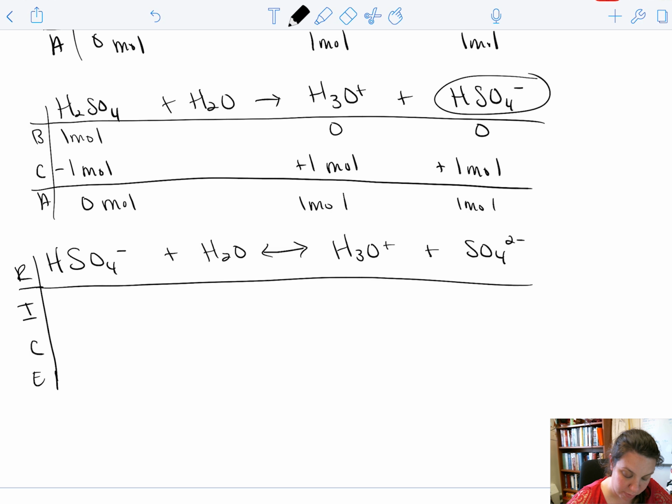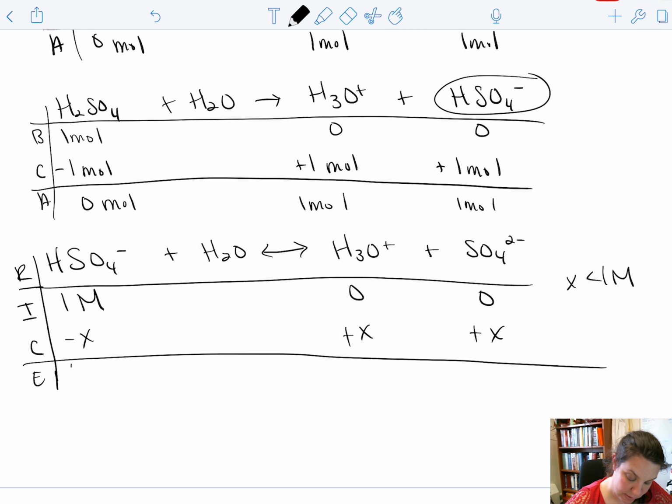So let's assume we have 1 molar starting here. Remember, BCA is in moles. Rice tables are in molar. And we would say, okay, minus X, plus X, where that X is going to be less than 1 molar.